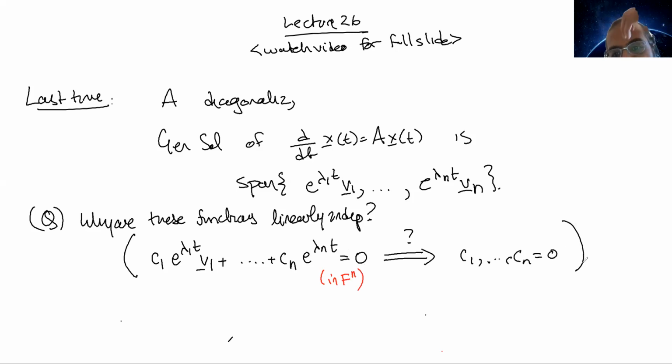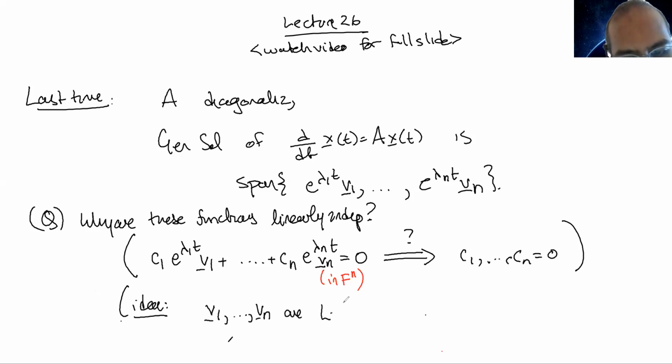So some people said diagonalizable. Okay, that's not really a proof. Somebody said because these v1 through vn are linearly independent. That's true, but remember, that's a different linear independence. So someone had this idea that v1 through vn are linearly independent in Rn. Fine.